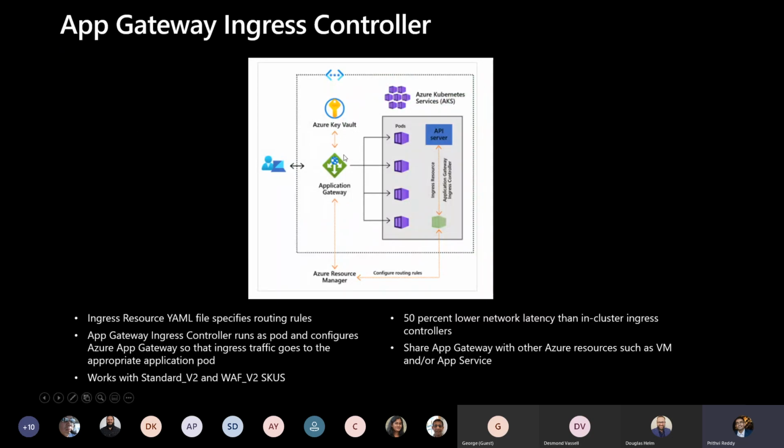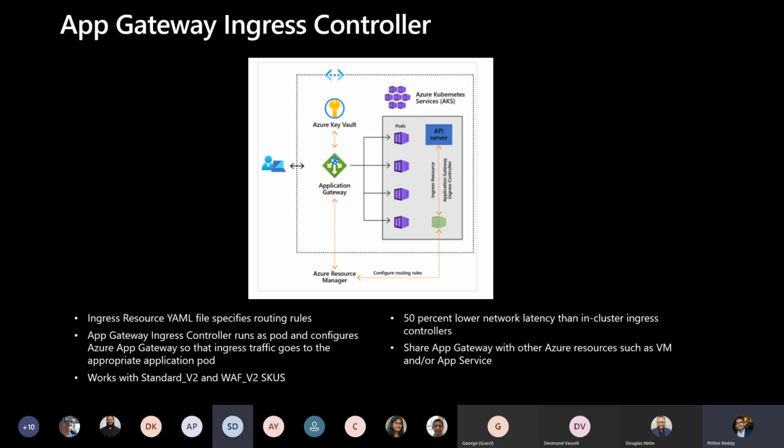Whereas before, with the load balancer approach, it was dedicated to that AKS cluster and couldn't be shared. But with App Gateway now, this resource can be used not just for your Kubernetes pods, but for VMs and app service as well. Any questions so far? Is all this making sense?